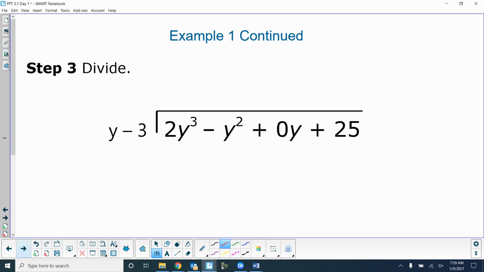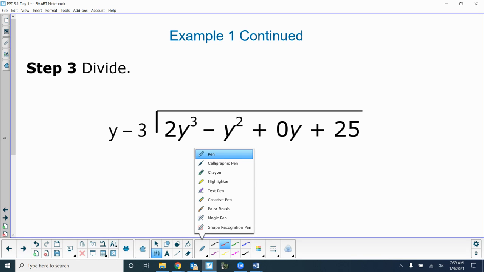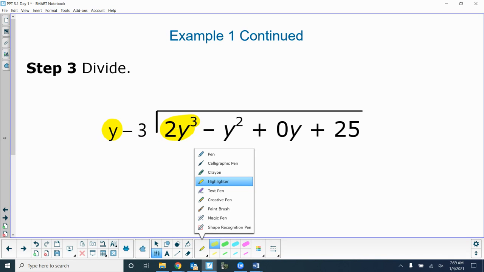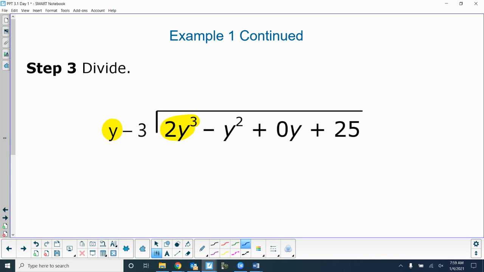Okay, so remember, all I'm worrying about, that divided by that. Don't worry about anything else in the first step. So, what's 2y cubed divided by 1y? 2y squared. Right. 2y squared. So I put that up here.